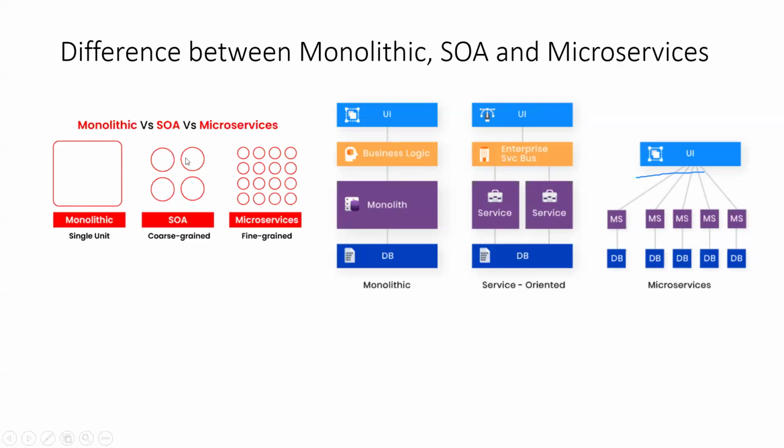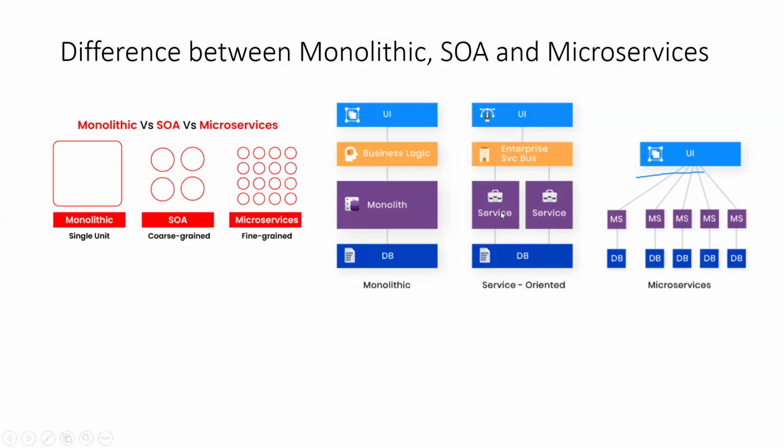The communication between these services happens via the ESB, the Enterprise Service Bus, through which communication happens between two services via the network. The Enterprise Service Bus transports the request from one service to another service, right? That is called service-oriented architecture.